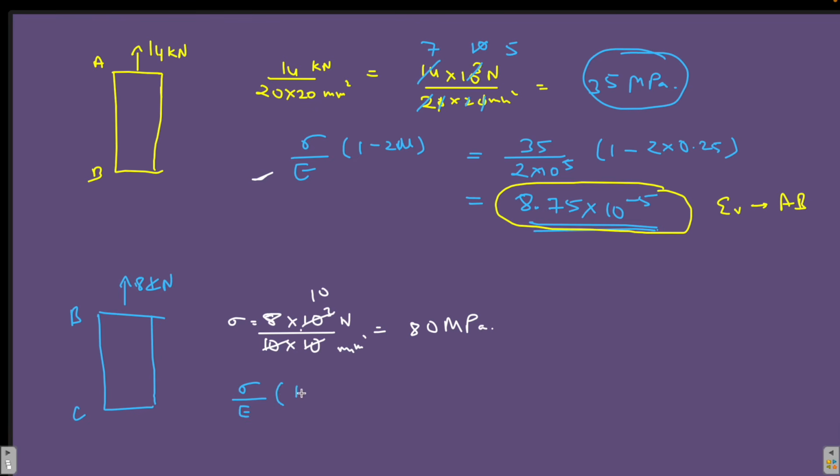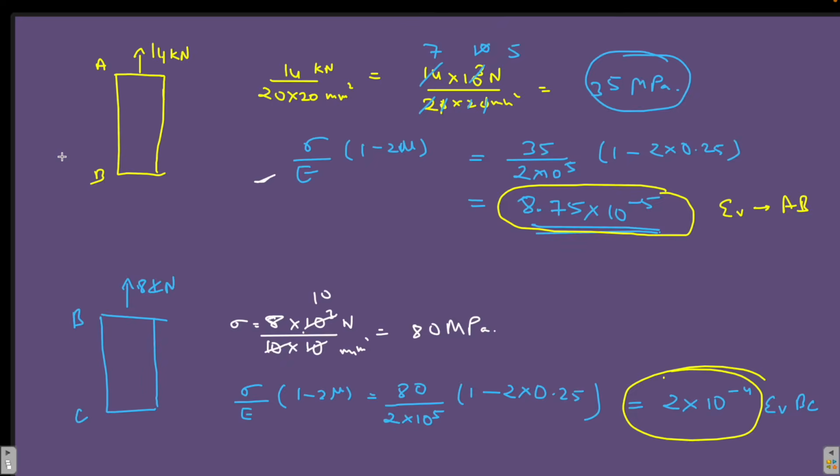Sigma by E into 1 minus 2 mu will be 80 by 2 into 10 to the power 5 into 1 minus 2 into 0.25, and that equals 2 into 10 to the power minus 4, and that is EV for BC. That is the volumetric strain for BC. Now let's calculate the same thing for bar CD.